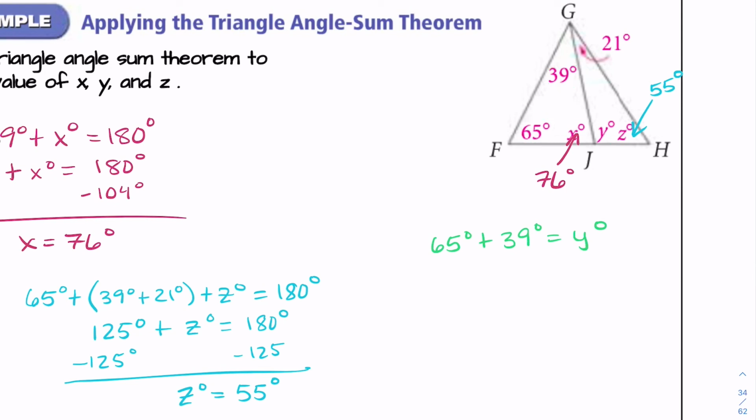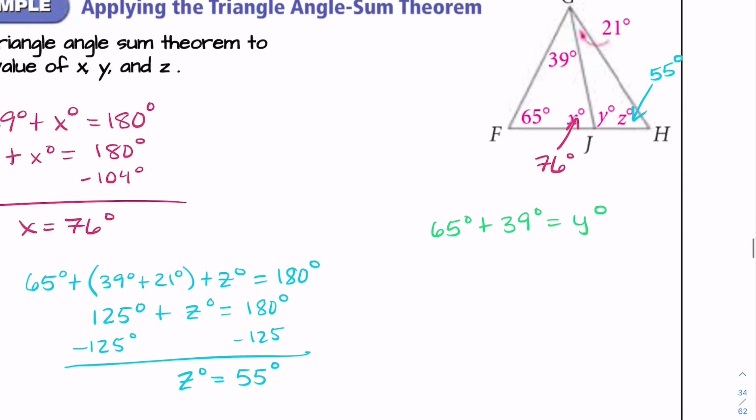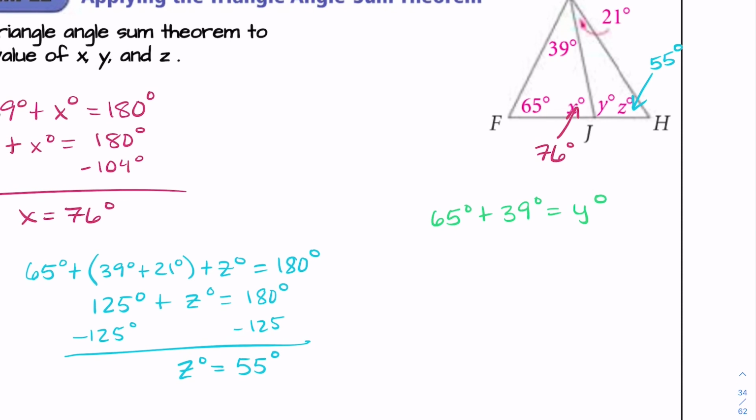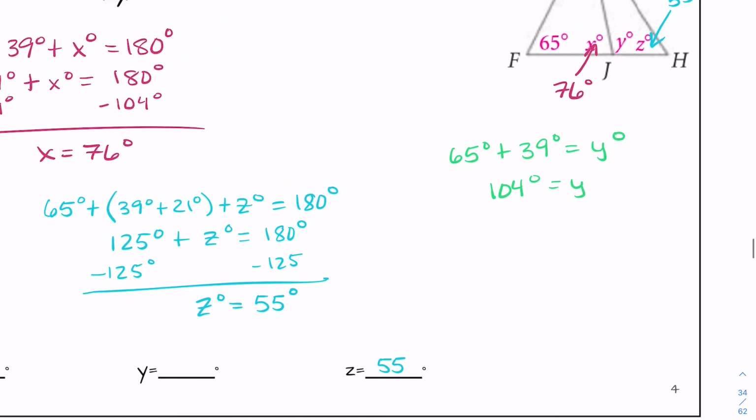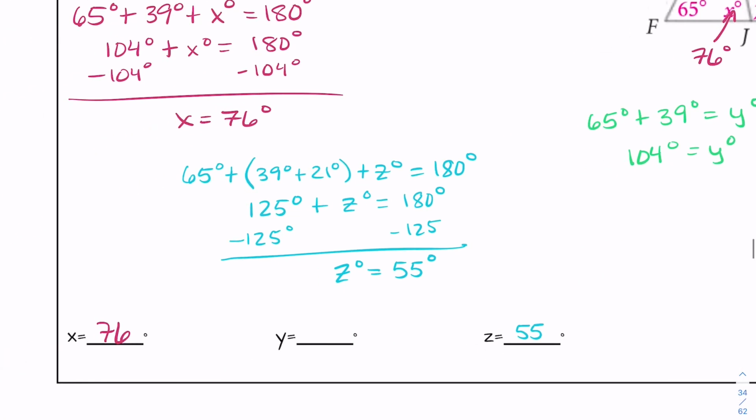Now you'll notice it's the same thing. I'm going to do this one in a couple ways. So that's 60, 70, 80, 90, 104 degrees is equal to y degrees. So 104 degrees is y degrees. All right, what else could I have done?